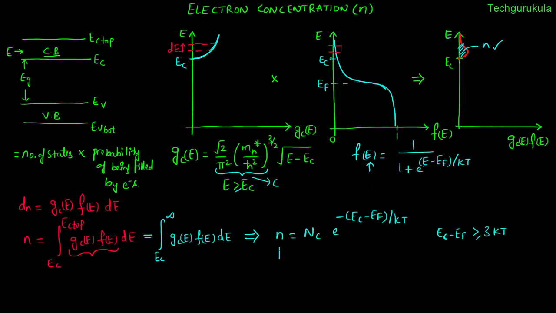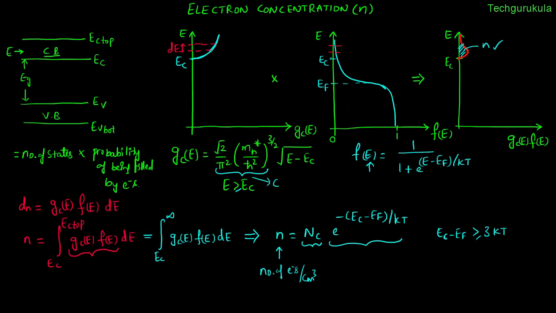Let us look at this n and try to understand what these two terms mean. So we have Nc as one term and another exponential term. We know the units of n, the electron concentration in conduction band, which is number of electrons in conduction band per centimeter cube, or say per unit volume, which means the right side units also should be the same.